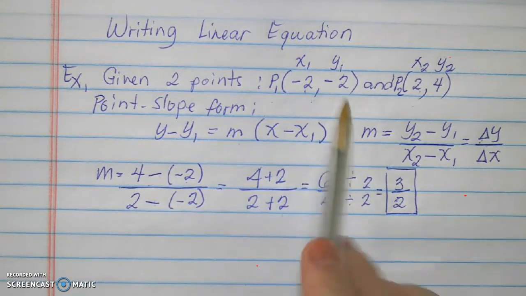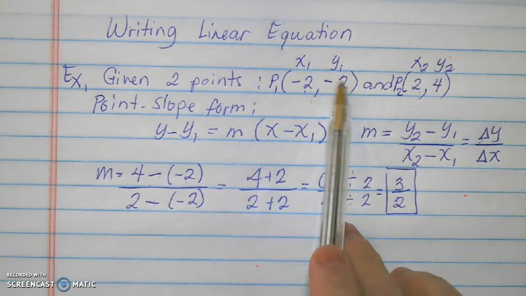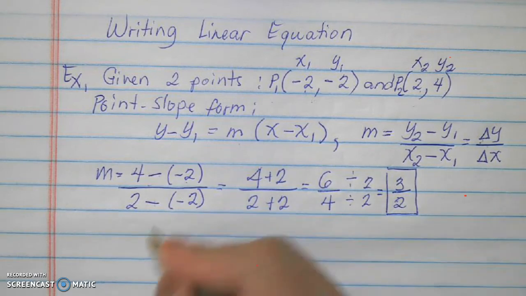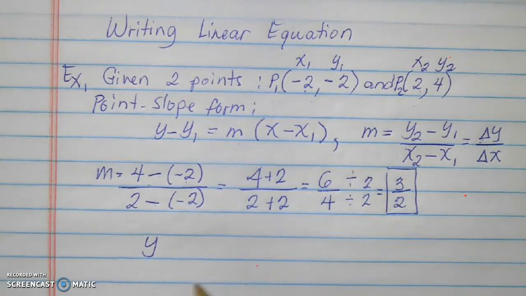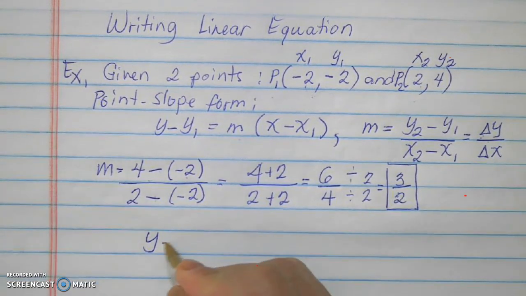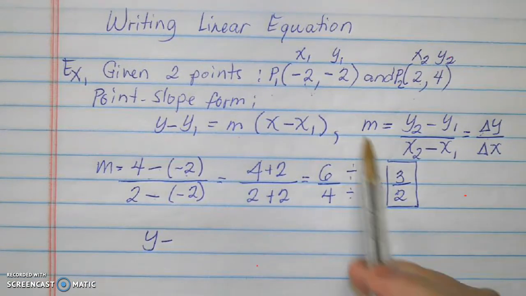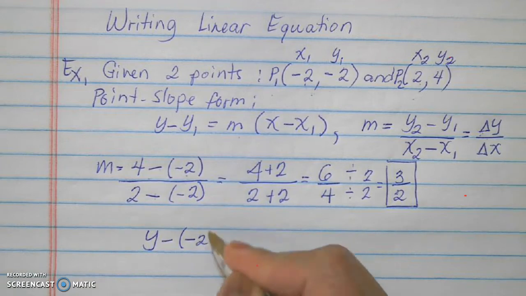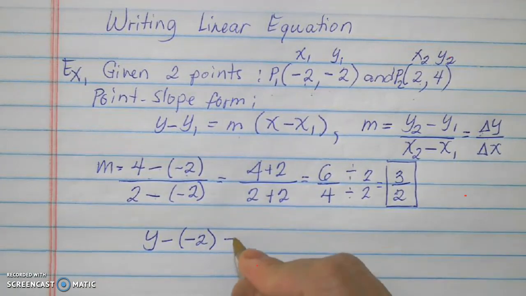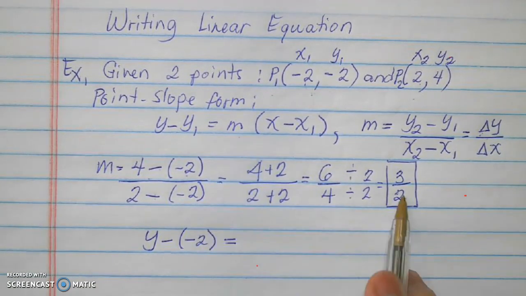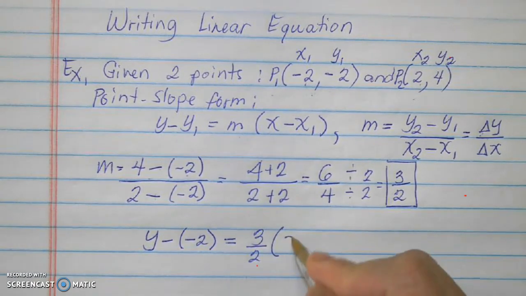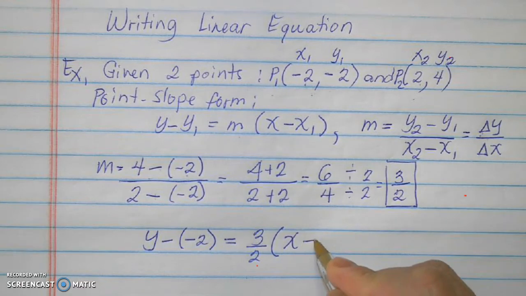So let's go ahead and do this. I'm just going to use my x1, y1 for this one, but you can actually use both. It's the same thing. So y is fixed, minus, that is a negative 2, so I'm just going to put a parenthesis, equals m. That's your m. X is fixed. Minus is fixed again.